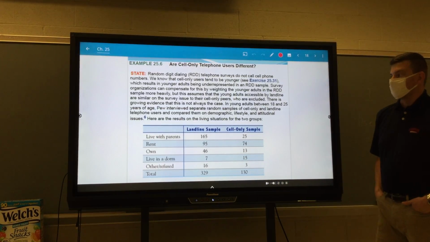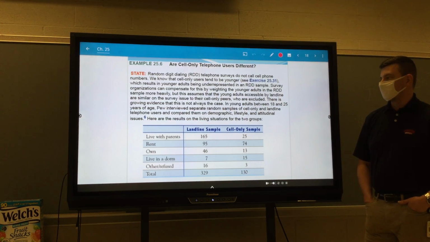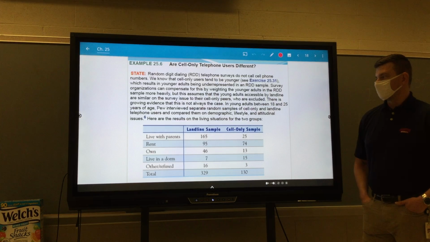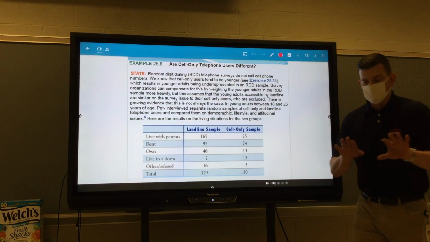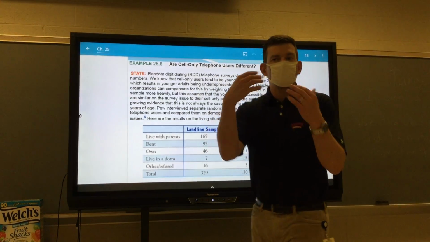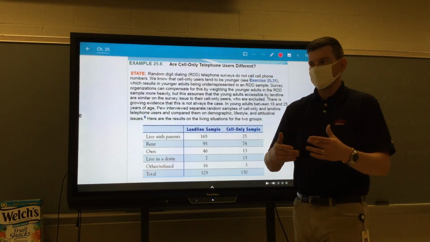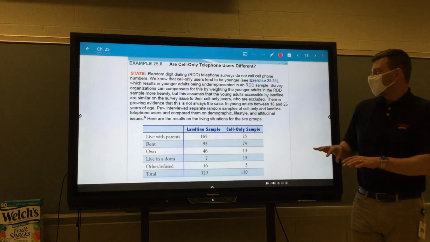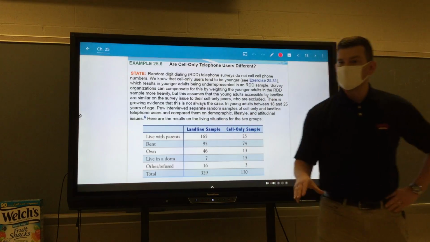Survey organizations can compensate for this by weighting the younger adults in the random digit dialing sample more heavily, but this assumes that the young adults accessible by landline are similar on the survey issue to their cell-only peers who are excluded. Okay? So their idea to compensate for it is to weight the landline young adults that they do reach more heavily.